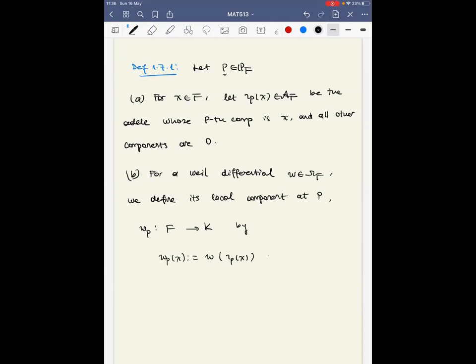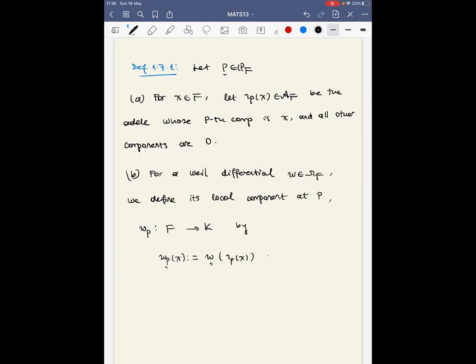And this is obviously k-linear because any Weil differential is k-linear, and by the definition of its local component at place P, we can verify that omega_P is also a k-linear map.